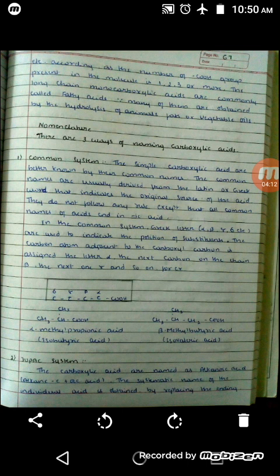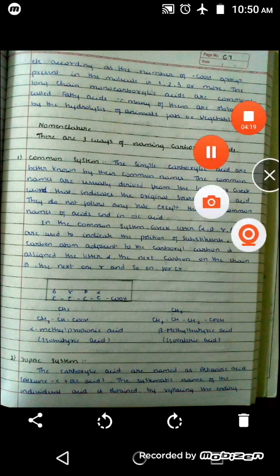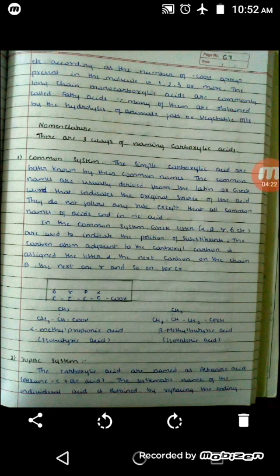Next example: the carbon which is in the second position to the carboxylic acid is designated as beta. To the beta carbon, a methyl group is attached, so we are naming it beta methyl butyric acid, because four carbons are there, so it is butyric acid.